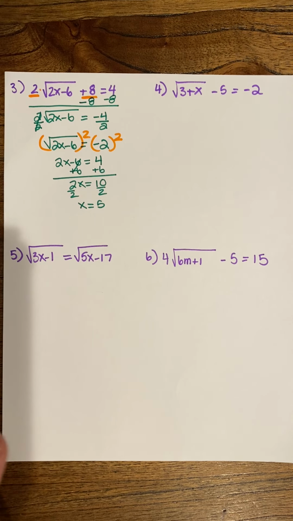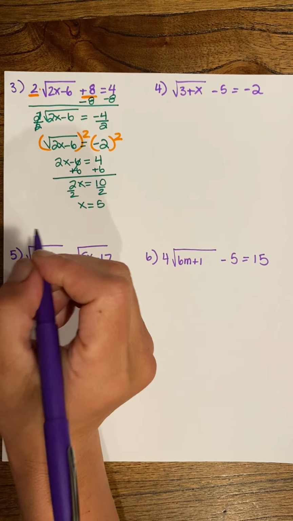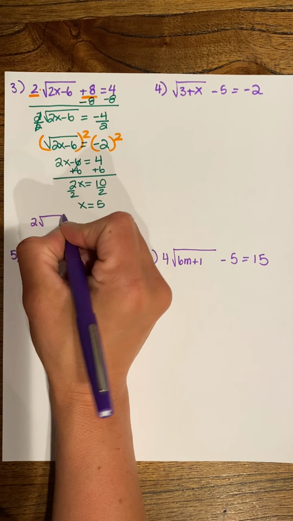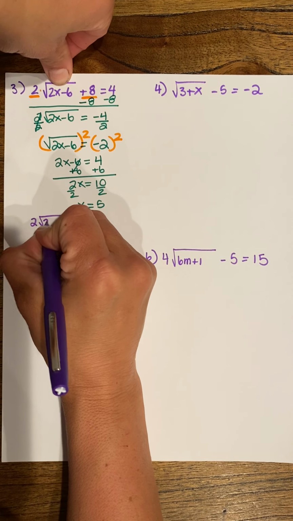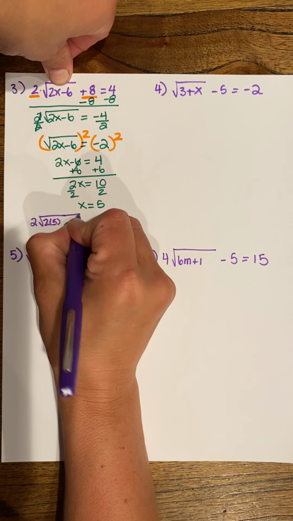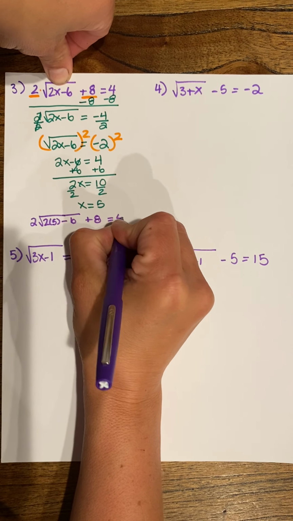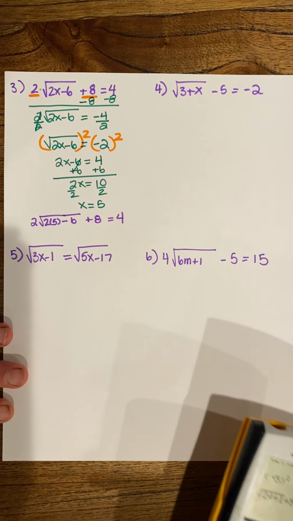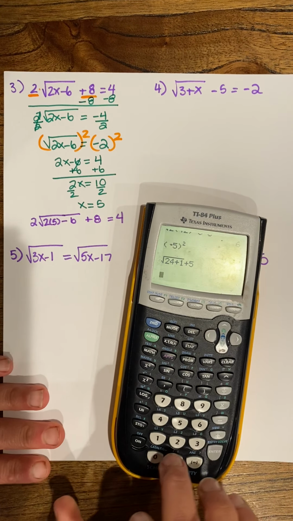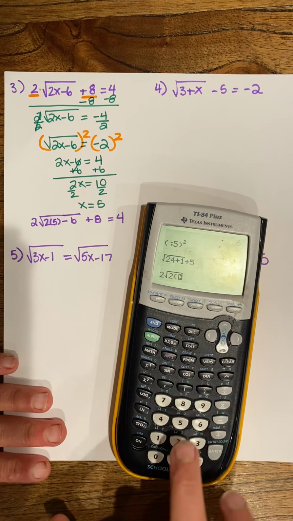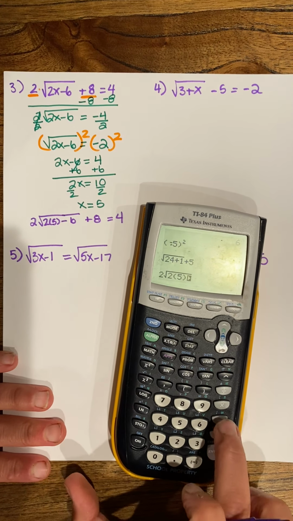So again, before I decide that that's the answer, I'm going to do the check, right? So we're going to go back up to the original up here in purple, right? And I'm going to substitute 5 in for x. Okay? So I am going to type the left side in with the 5 replaced for x.